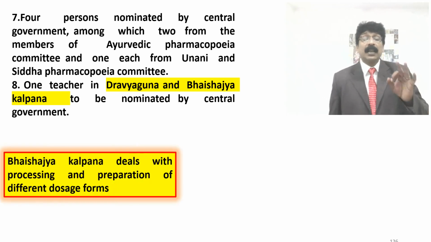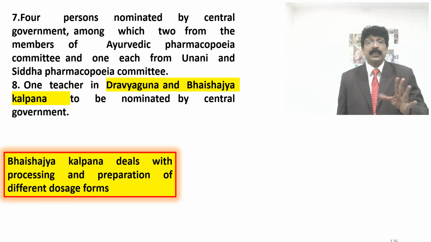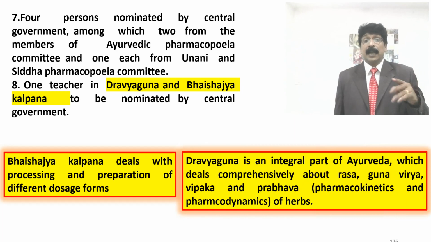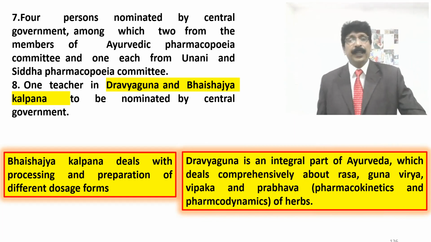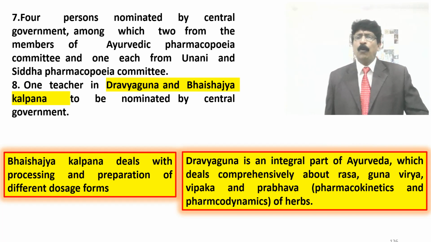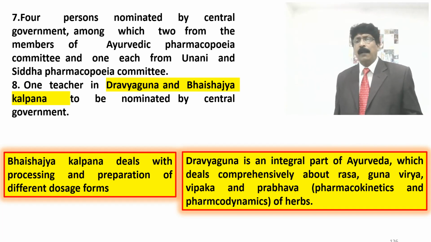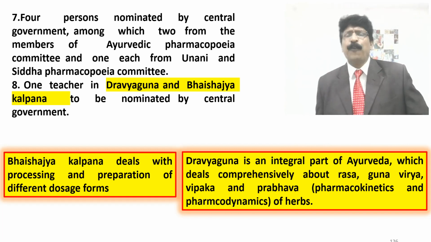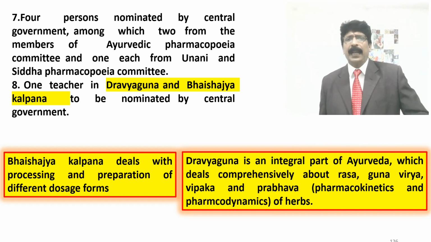Vaishya Kalpana deals with the processing and preparing of different dosage forms, and Dravya Guna is an internal part of the Ayurveda subject which deals comprehensively with the Rasa, Guna, Virya, Vipaka and Prabhava. That is pharmacokinetics and pharmacodynamics of the herb.